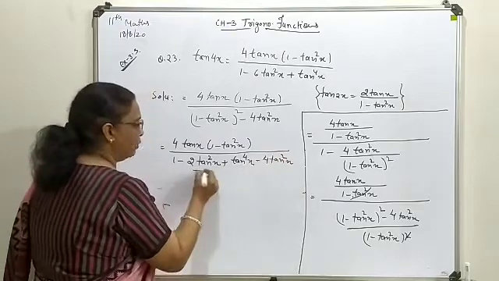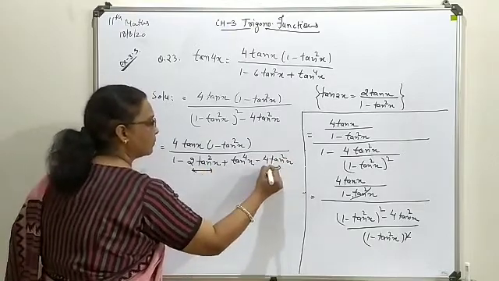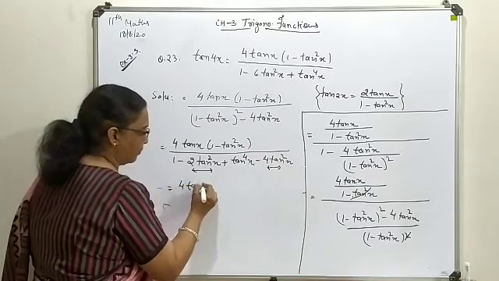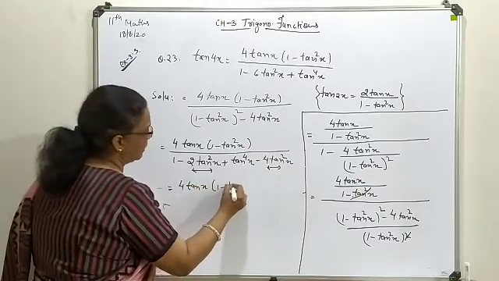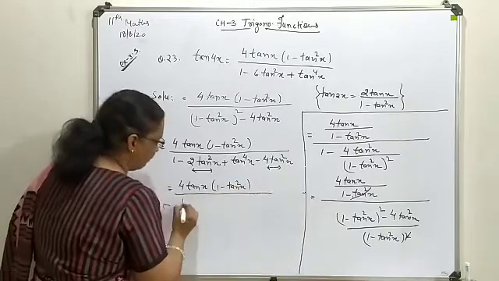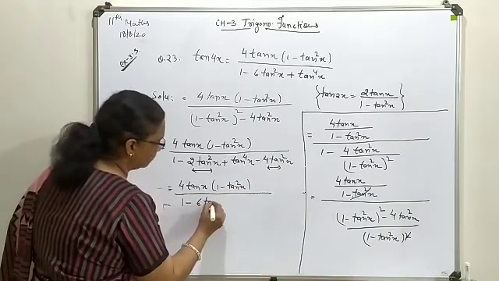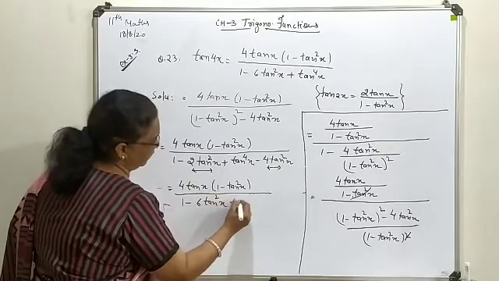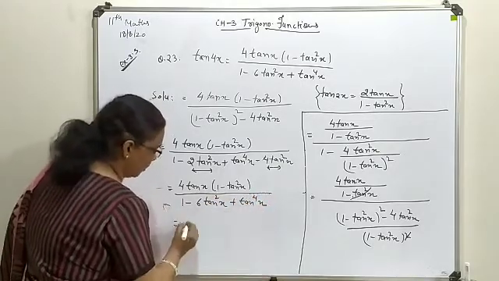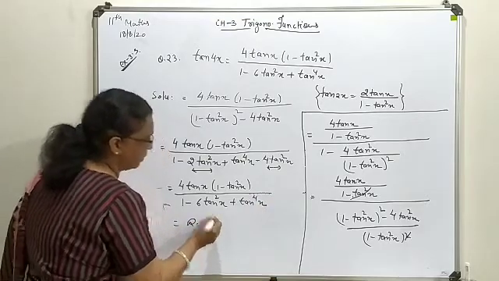Now combine these two like terms. So this is 4 tan x into 1 minus tan square x, over 1 minus 6 tan square x plus tan 4x. This is your required right hand side relation.